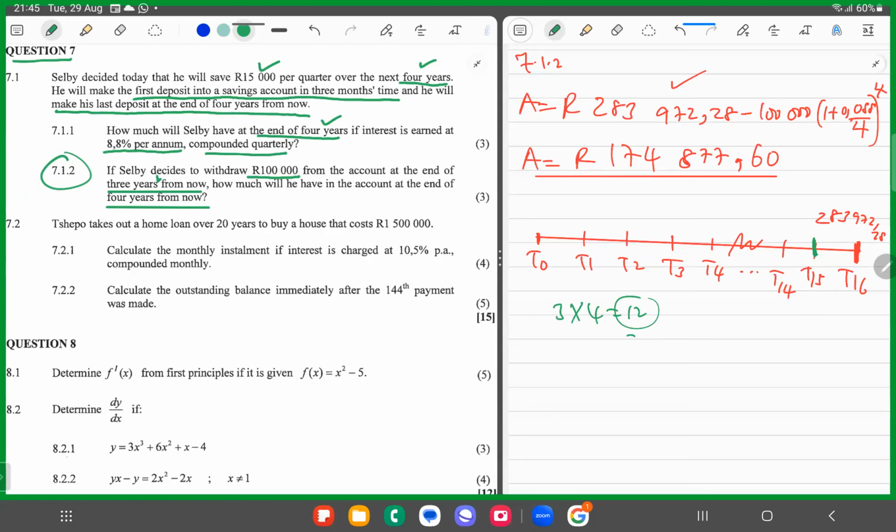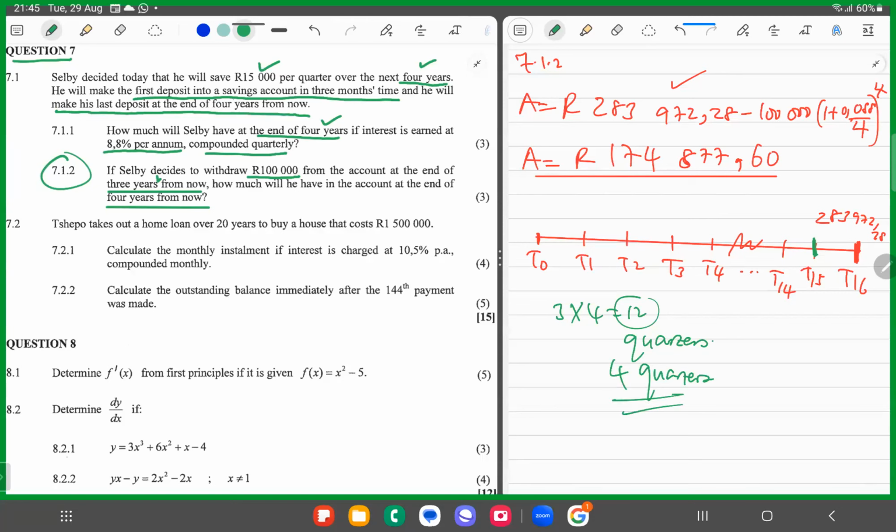Right. So 12 quarters. And then now you'll be left with what? You'll be left with a total of how many quarters? A total of 4 quarters towards the end of the year.